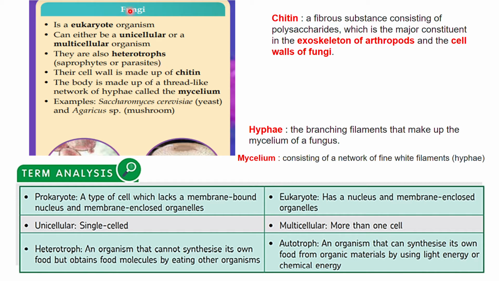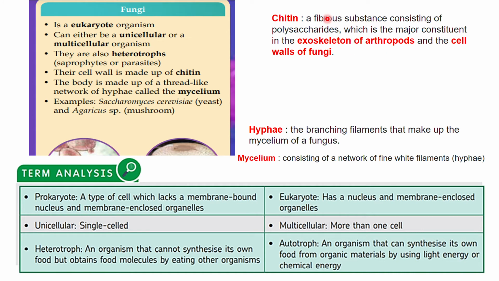Alright, so fungi, or kulat, their cell wall is made up of chitin. Okay, chitin. Are you familiar with the word chitin? Back in Form 4, in the support and movement section, we have talked about the exoskeleton of arthropods. So this term chitin we have mentioned when we discussed that chapter.